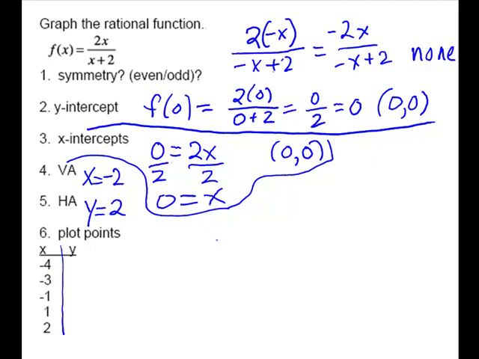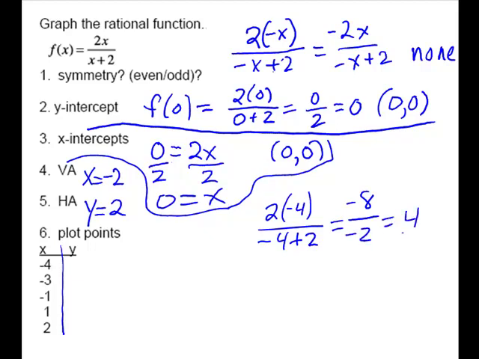If we plug negative 4 in, 2 times negative 4 over negative 4 plus 2 is negative 8 over negative 2, which is positive 4. And so that's how you would go through and get your table.